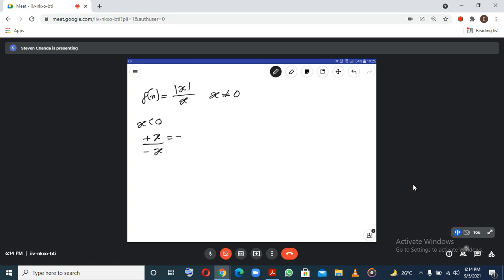So if x is less than 0, it's going to be negative 1, isn't it? Then if x is greater than 0, the numerator can only be positive because it's an absolute value, and below it's positive because x is greater than 0. So you're going to have positive 1.